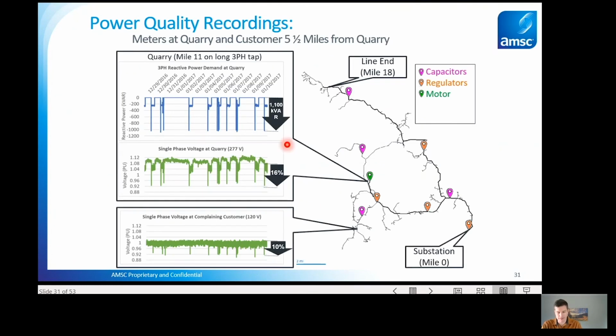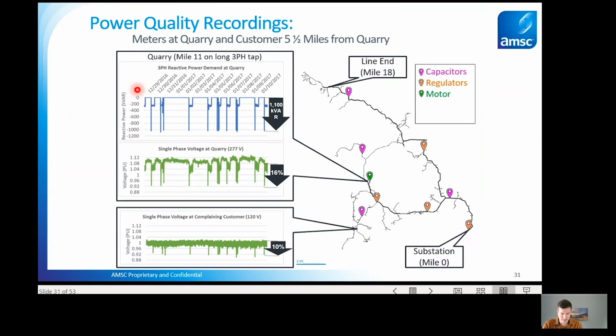This shows the single line diagram of the circuit. At mile 0, we have a substation, and about 11 miles out, we have the load that is the quarry. There were power quality measurements taken by the utility to track this problem down, and they very clearly show the motor starting characteristic at the quarry.